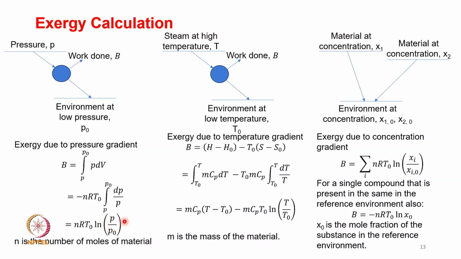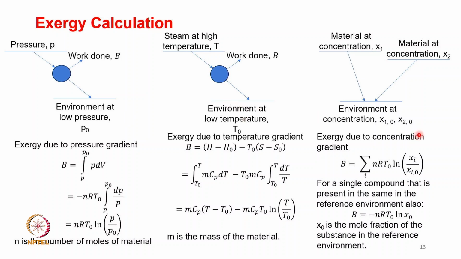Now look at the third case. This is like pressure, here it is concentration. Now look at a case where we have concentration: your material at concentration x1, the material at concentration x2, and eventually the environment is at concentration x1 naught and x2 naught. In this case the work done would happen due to the concentration gradient, while the earlier ones were a pressure gradient and a temperature gradient.